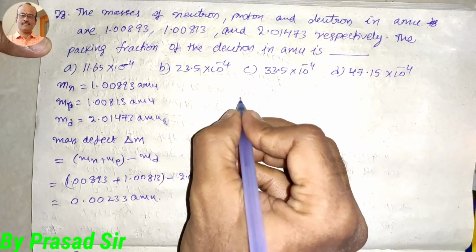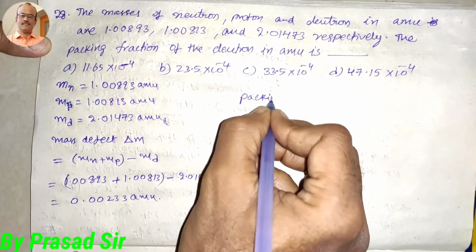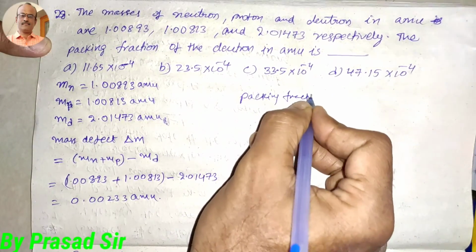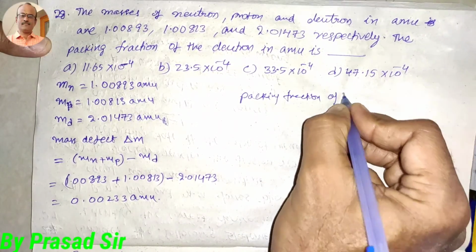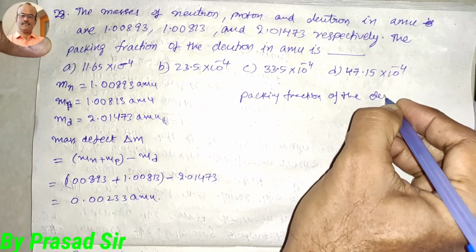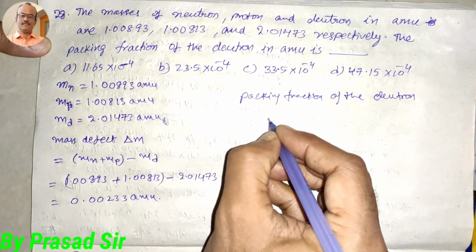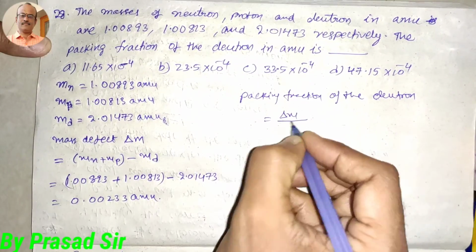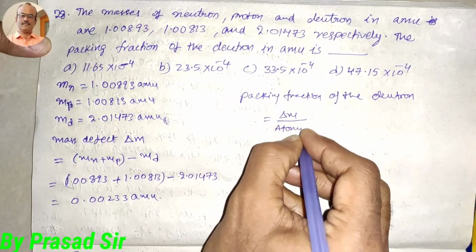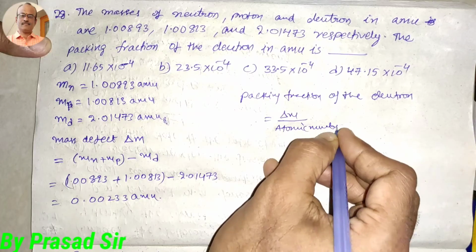But which one do we want to calculate here? Packing fraction of the deuteron, that is nothing but mass defect divided by atomic number.